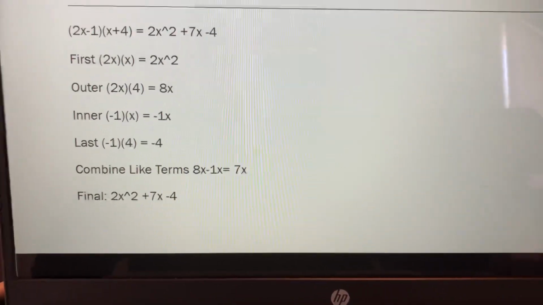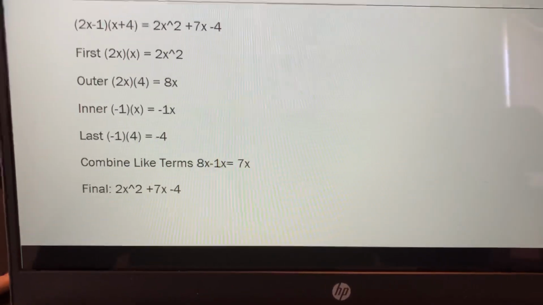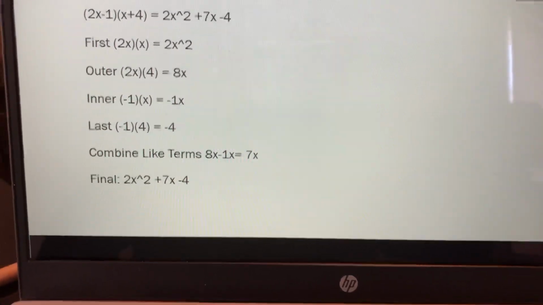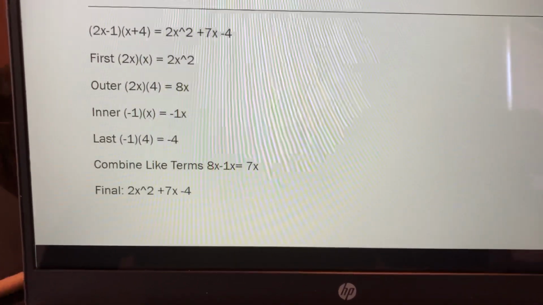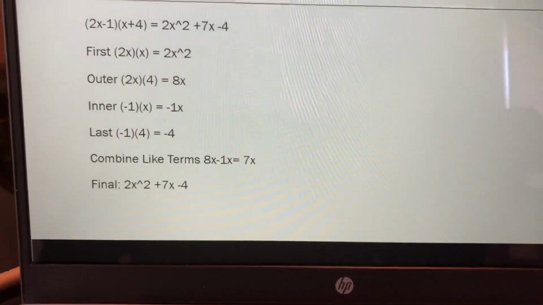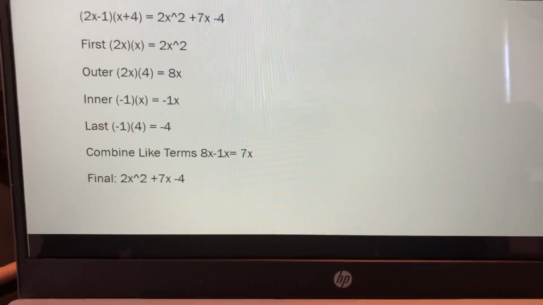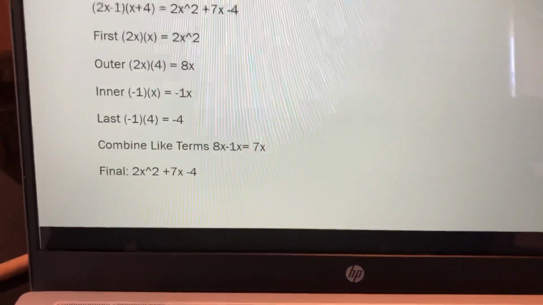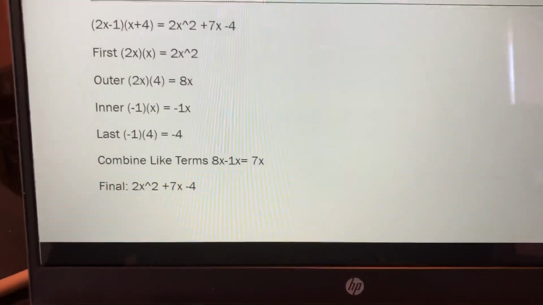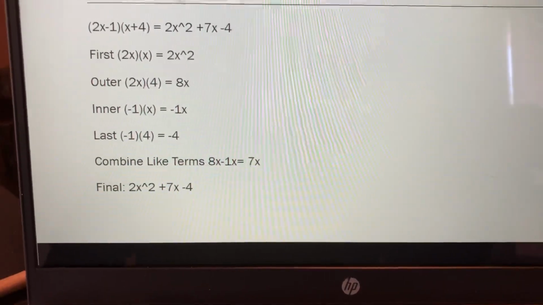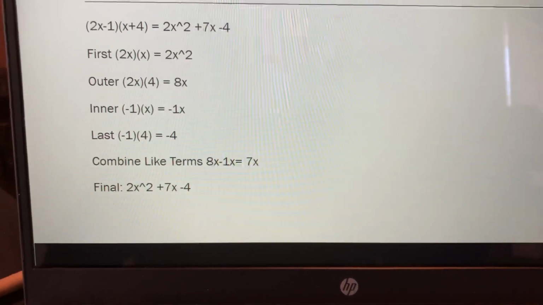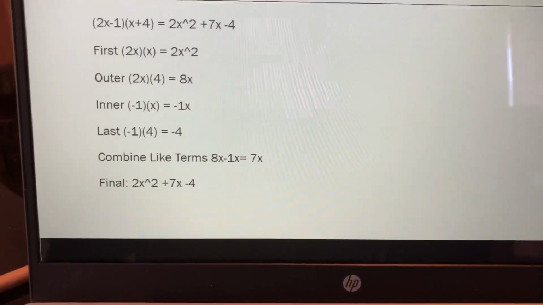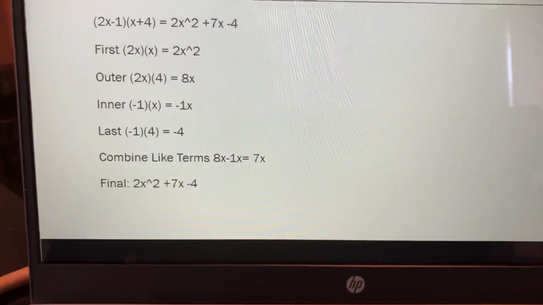So we have our first terms, 2x times x leaves us with 2x squared. Our outer terms, 2x times 4, leaves us with 8x. Our inner terms, negative 1 times x. And I love how you guys had in your work, you kept the 1 there. It really makes a difference when we're combining the like terms, preventing mistakes. So great job with that. We've got negative 1x.